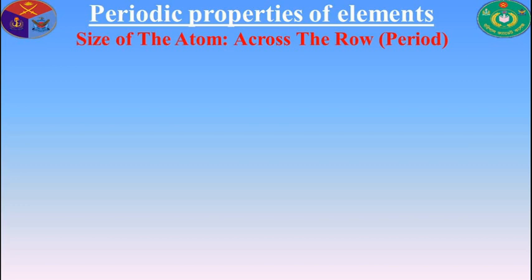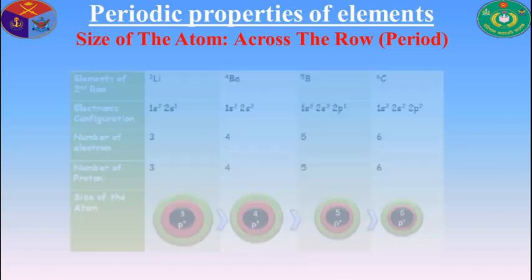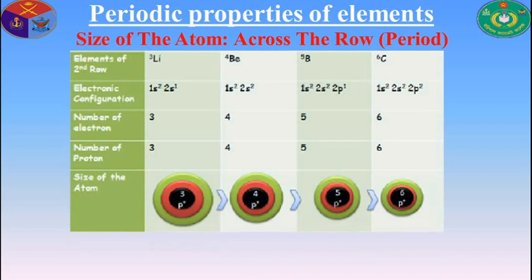Now consider the size of the atom across the row or period. In a period, with the increase of atomic number in each atom of every different element, one electron is added one by one without change of energy level.